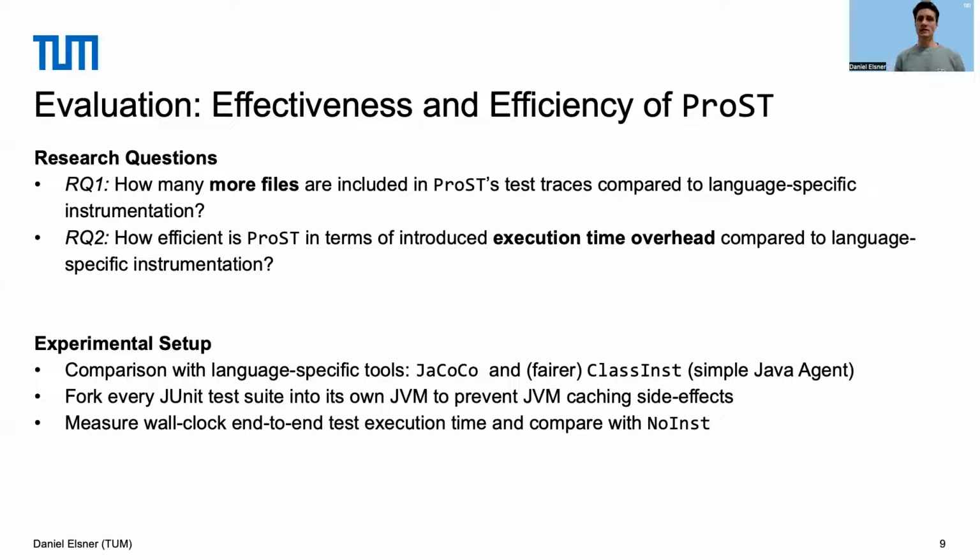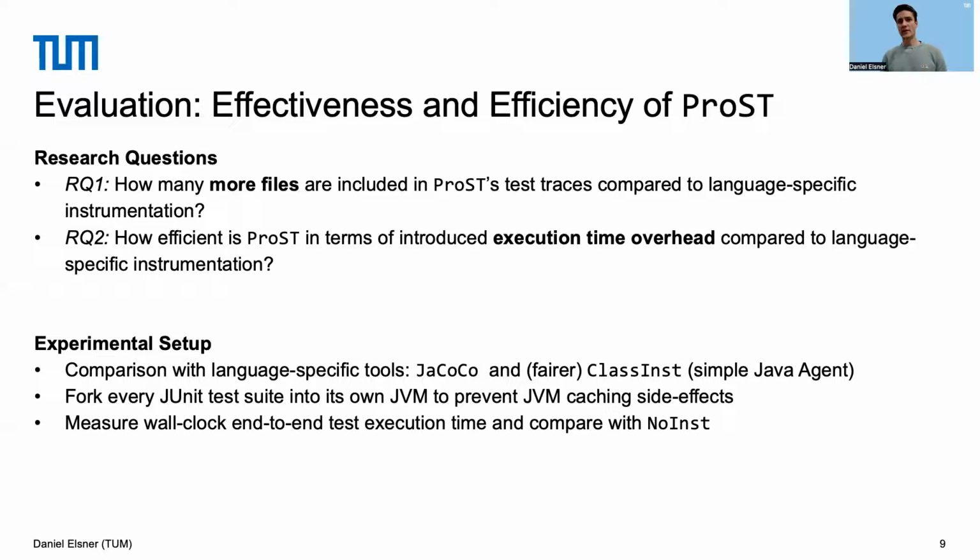And then there is one, I would say, fairer comparison, which is ClassInst, which is a simple Java agent that is attached to the JVM, and it simply keeps track of the class files that are loaded. And that is basically all the information that any language-specific technique for Java would get at file level. So what are the class files that are loaded?